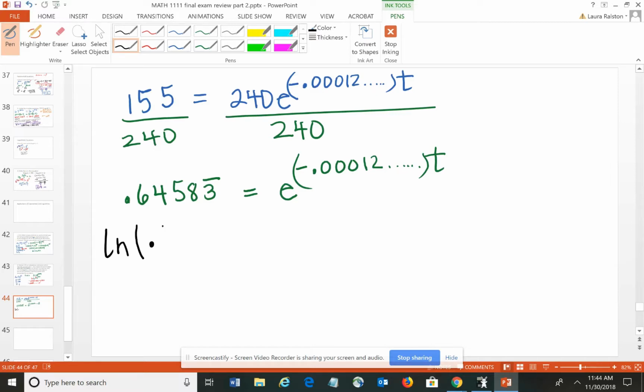So we're going to take the natural log of 0.64583 repeating, and the natural log of E to the negative 0.00012 times T.